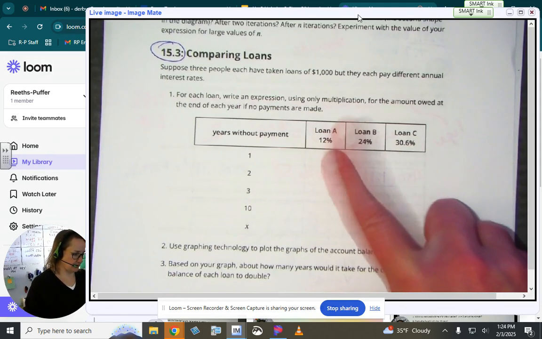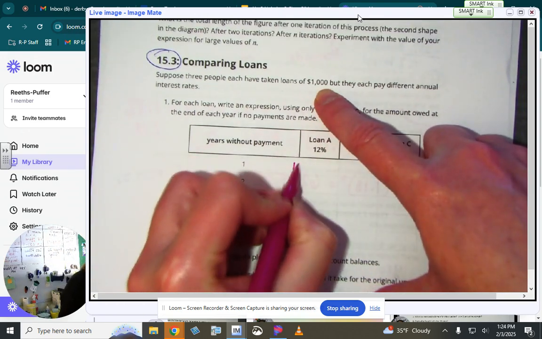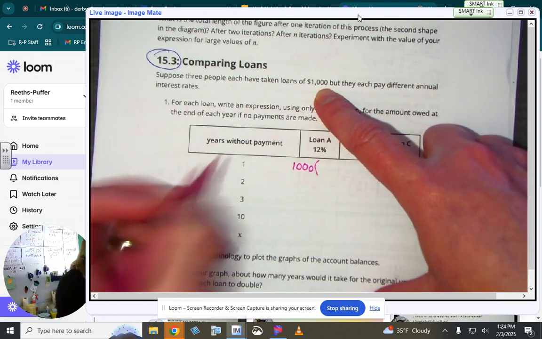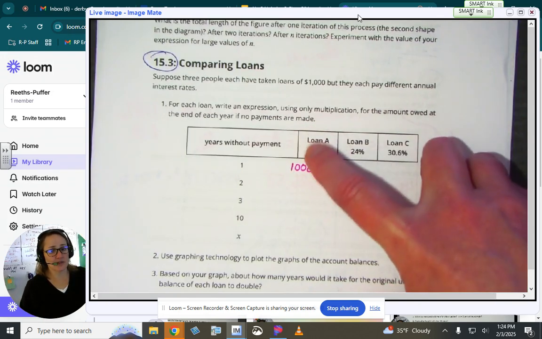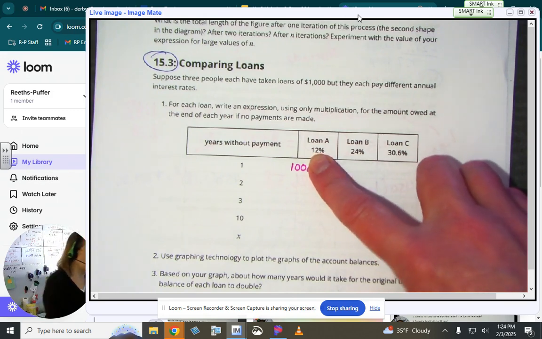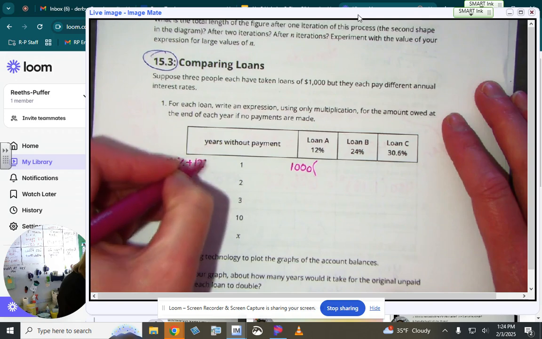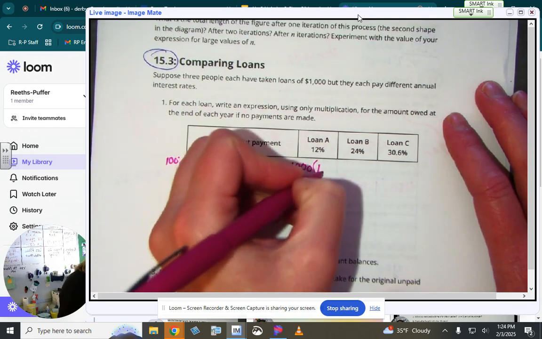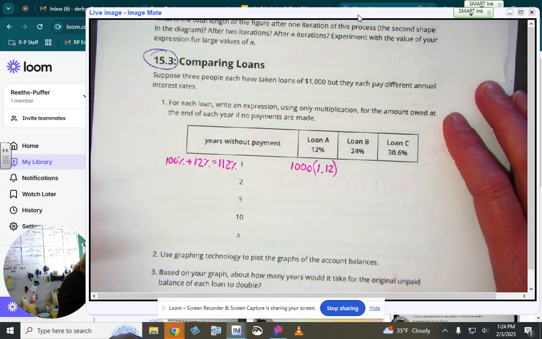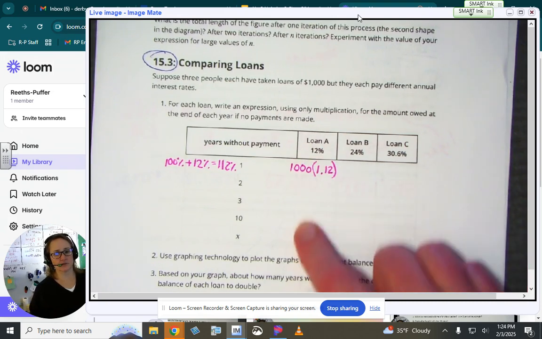Okay, loan A starts with $1,000. They're still going to owe that $1,000 loan, but then also add 12% on top. 100% plus 12% on top of that is 112%. That's 1.12. I'm going to stick with this loan.